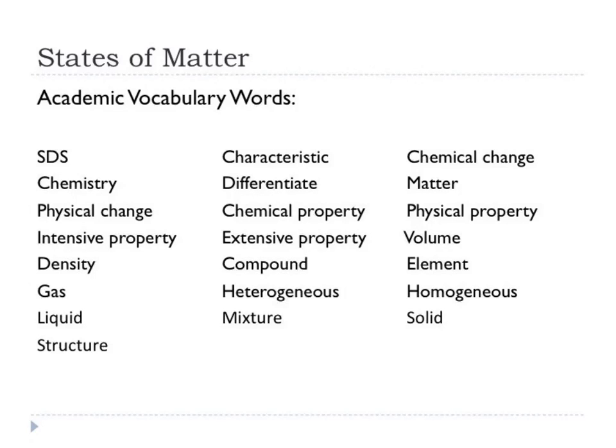What a chemical property is, extensive property. What is a compound? What is an element? If I say something is heterogeneous, you need to know what heterogeneous means and homogeneous. What is a mixture? What is solid? What is volume, matter, chemical change, physical property, and element. These are all words you're going to hear me saying throughout this unit.